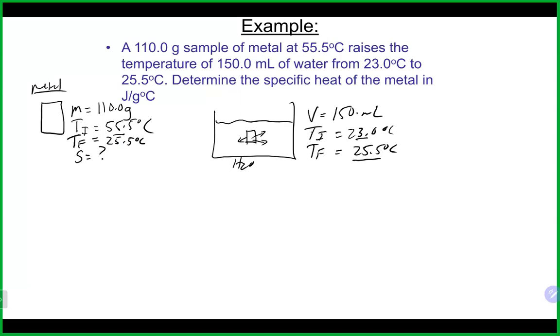The thing that we always know about liquid water, and again, maybe not always given to you in a problem, is the specific heat capacity of liquid water, which is our 4.184 number. So in this situation, we once again have enough information about the water to figure out how much energy the water is going to absorb from the hot piece of metal that was put in it.